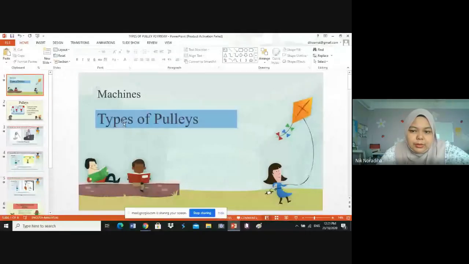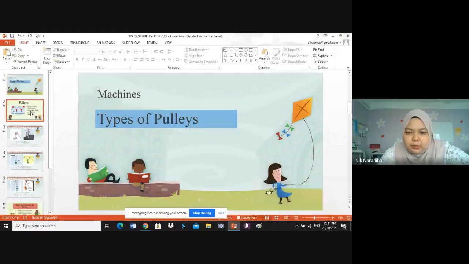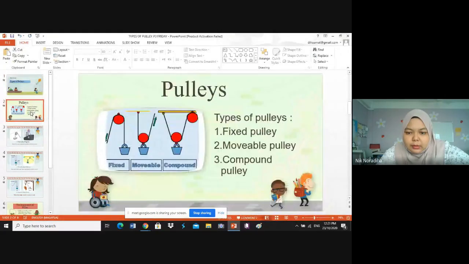Okay, so all of you are already done with the title. Let's go for the notes. Today we are learning about types of pulley. We have three types of pulley. The first one is fixed pulley.